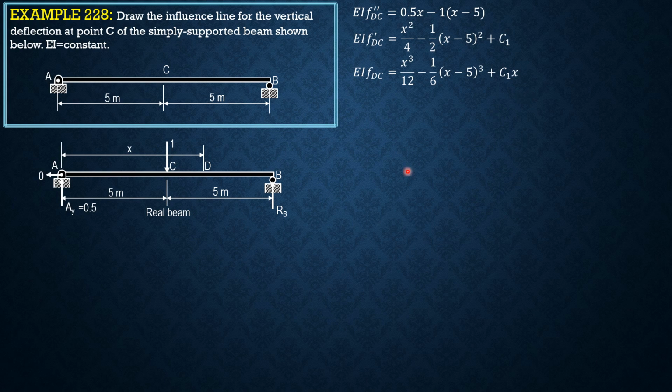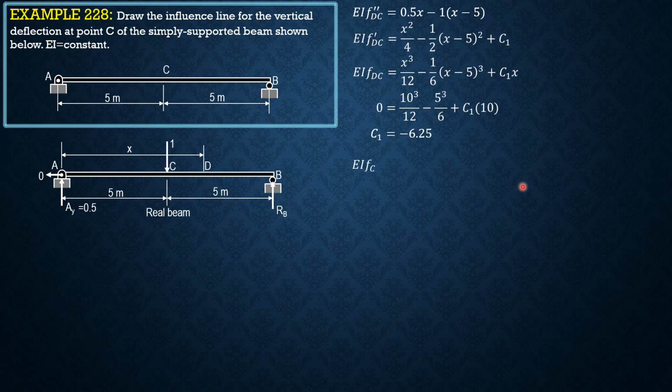When x is 10, y is 0, so f_DC is 0. So 0 equals 10 cubed over 12 minus 1/6 of 5 cubed plus c sub 1 times 10. Solving, c sub 1 is equal to negative 6.25.